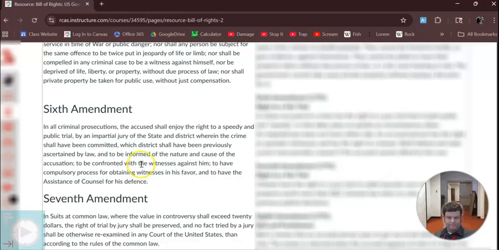But no, there's a lot of other stuff in here. There's the basic explanation of how law works. You must be informed of the crime you've committed. We're not just throwing you in prison, hauling you before a judge and saying death penalty. This is not Franz Kafka's short story, The Trial.